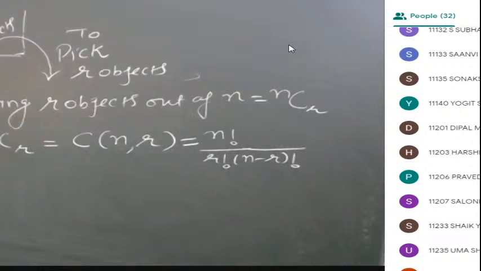Let us see some more things. One note is there that NCR is same as NC n minus r, right.